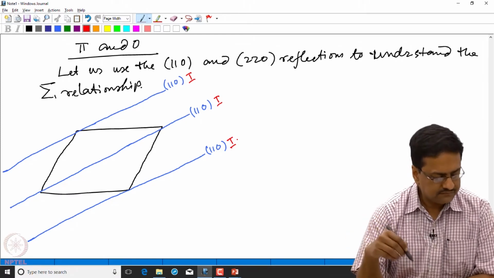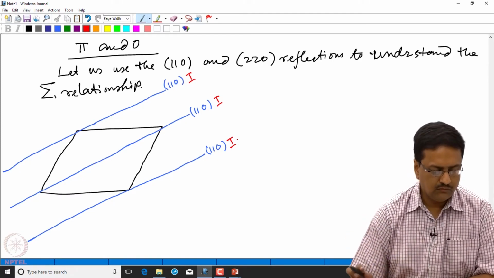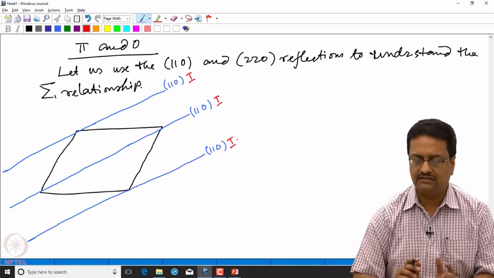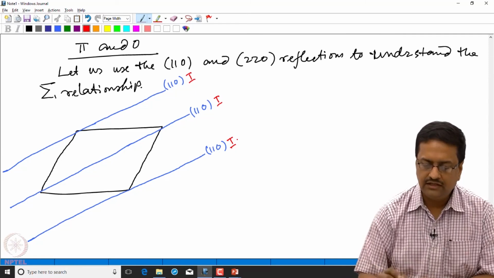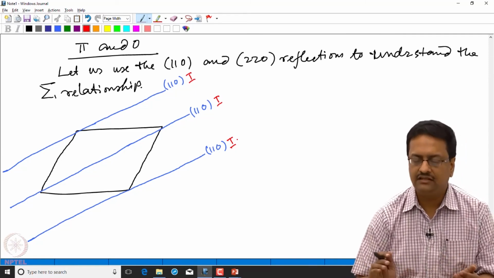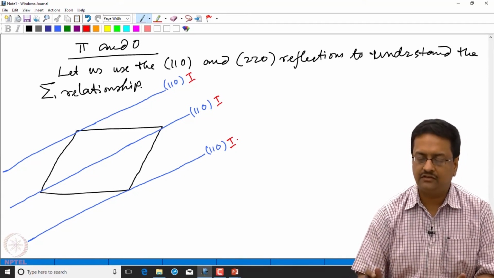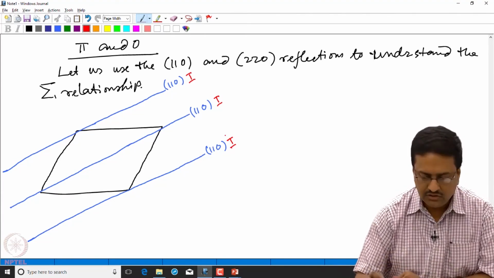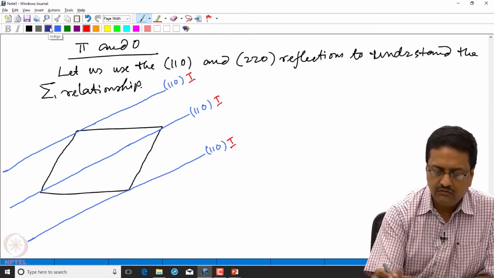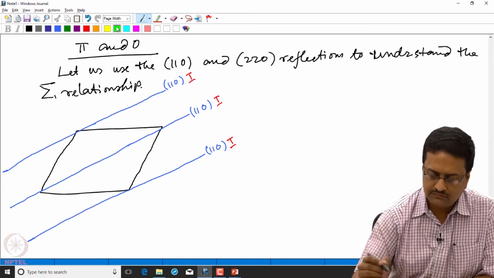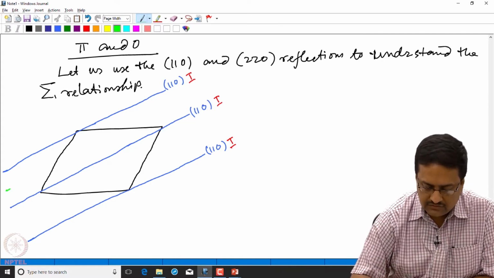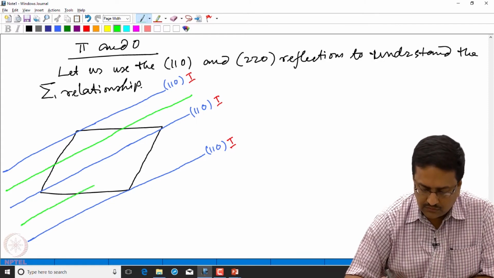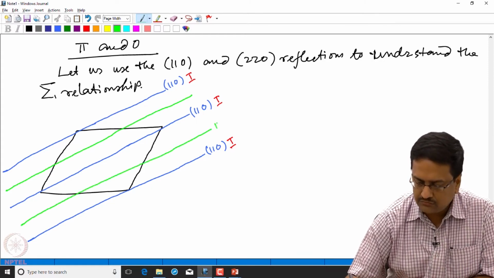Now, in case of these 110 reflections, the maxima of the electron density will appear close to lines 1 and the minima will appear close to the lines which I am drawing in between and marking as 2.